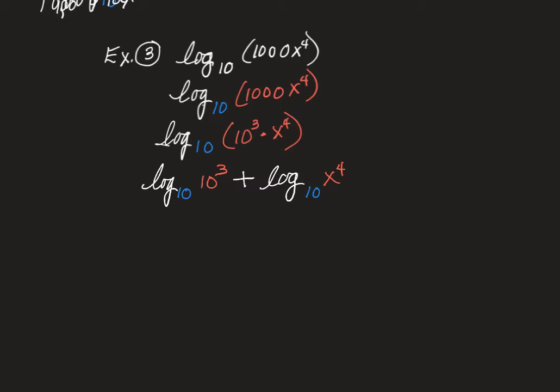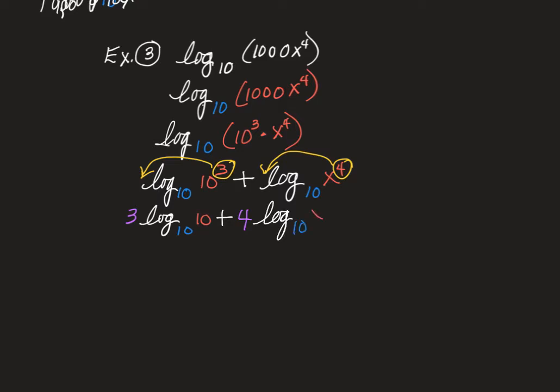Now that we have this set up where we just have a base and an exponent in each argument, we can now bring the powers of each of those arguments out front by applying the power rule. So if we pull those out, what we have is 3 log base 10 of 10 plus 4 log base 10 of x.